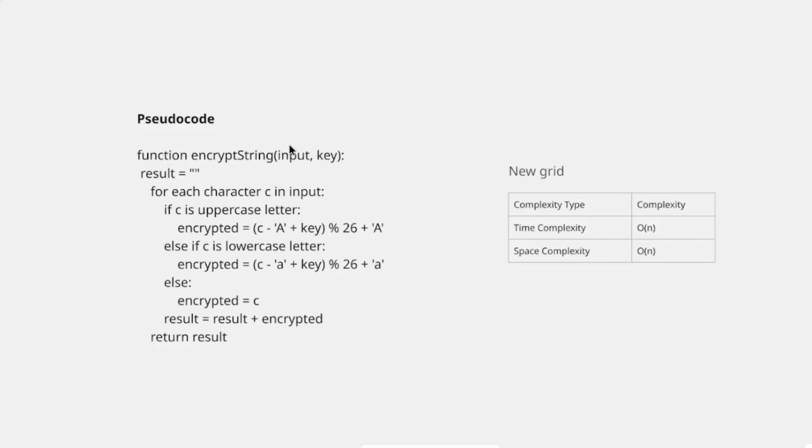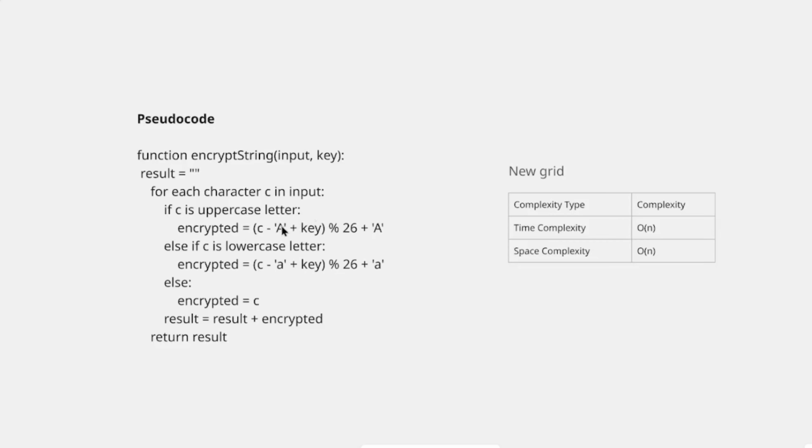So here we get an input, the key value, and an empty result string we have created. After that, in a for each loop, we are getting each and every character, and we are checking the condition if it's an uppercase. We have to encrypt, right?